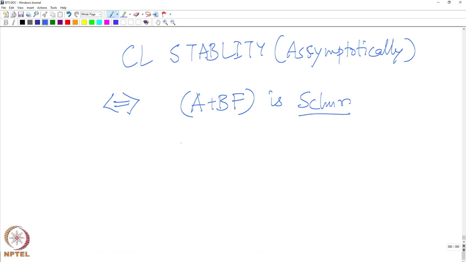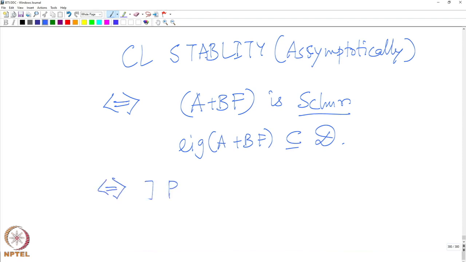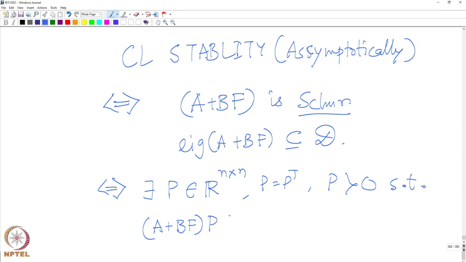That means all the eigenvalues of A plus BF are within the open unit disk, but that is the same as the existence of an n cross n symmetric positive definite matrix P such that (A plus BF) P (A plus BF) transpose minus P is negative definite.